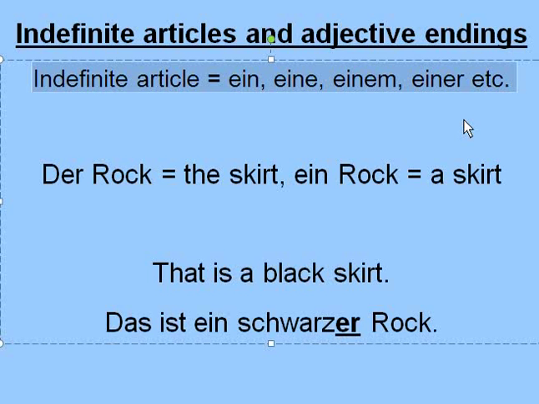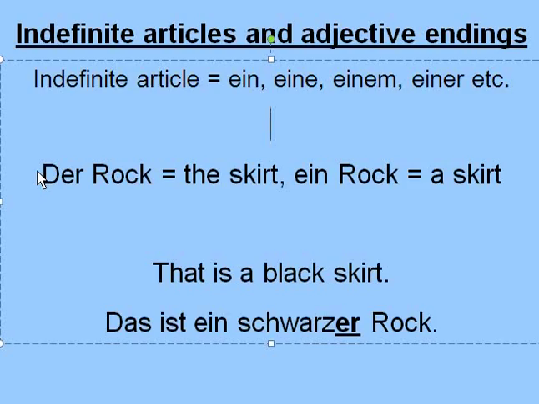There are a lot of other words for indefinite articles, such as kein, mein, dein. They're all indefinite articles. We're just going to look at ein today.